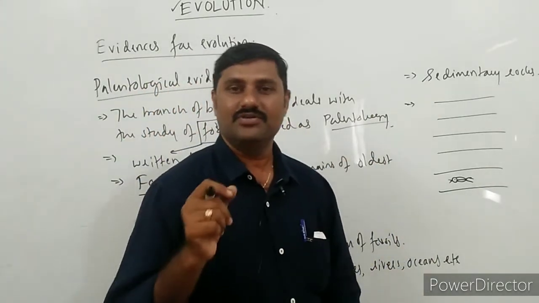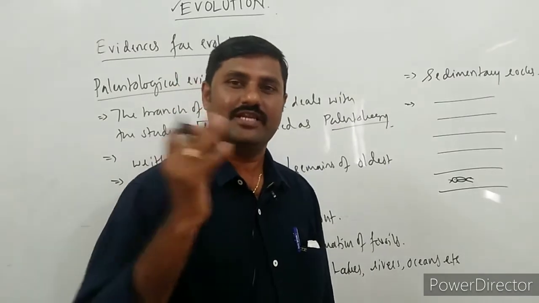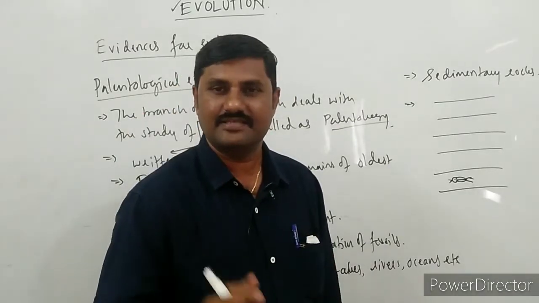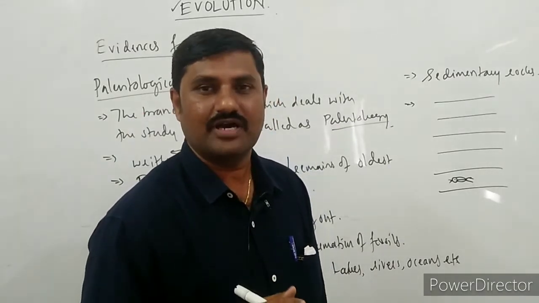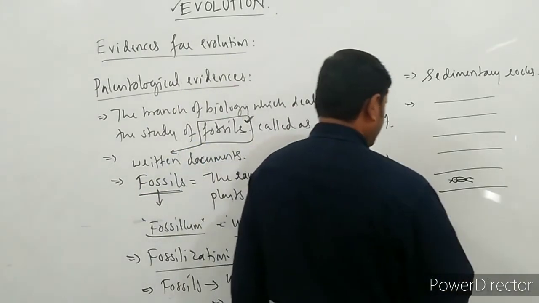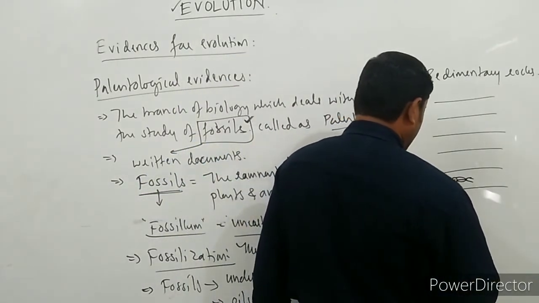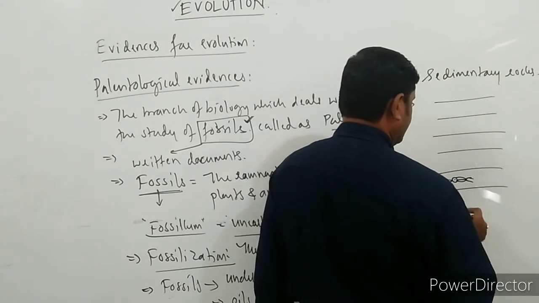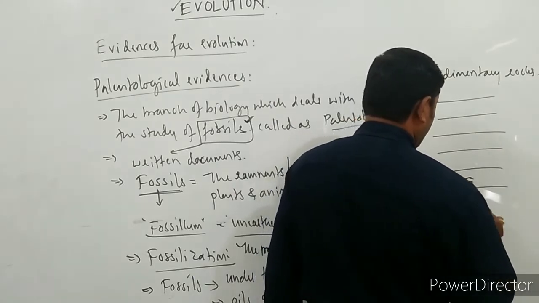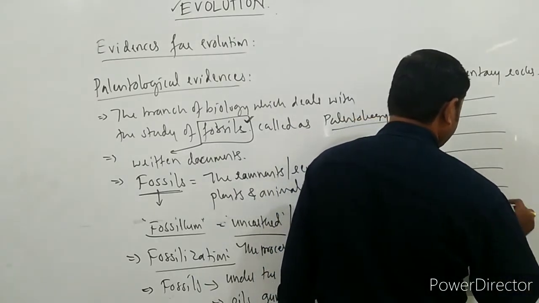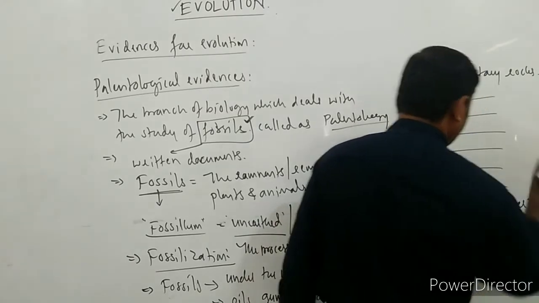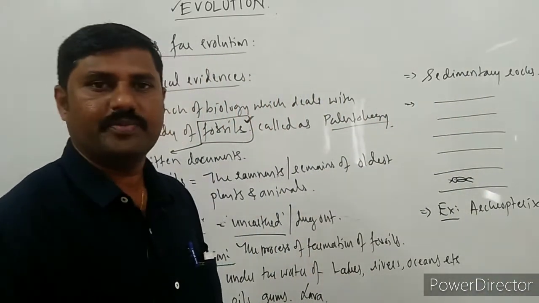And its name you are so familiar with. Initially in my class I gave the example, that is Archaeopteryx, right? So the best example for these paleontological evidences is Archaeopteryx.